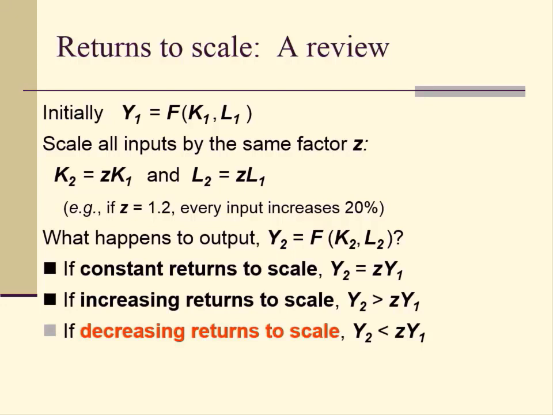Therefore, when you increase both inputs by 20%, output increases by 20%. If there's increasing returns to scale, Y sub 2 is greater than Z times Y sub 1. So when you increase both inputs by 20%, output increases by more than 20%. And finally, if there's decreasing returns to scale, then Y sub 2 is less than Z times Y sub 1. So when you increase both inputs by 20%, output increases by less than 20%.